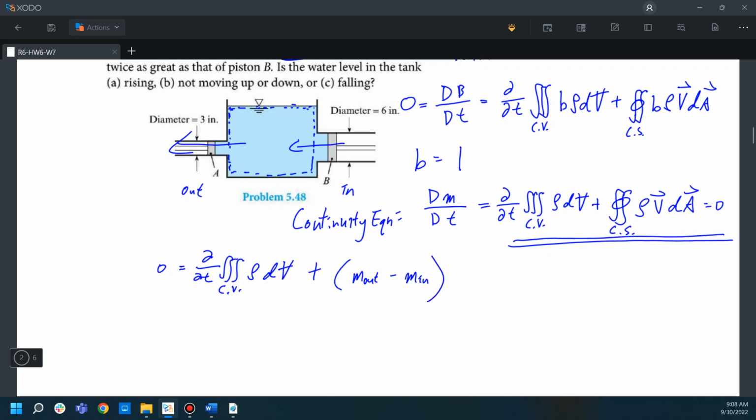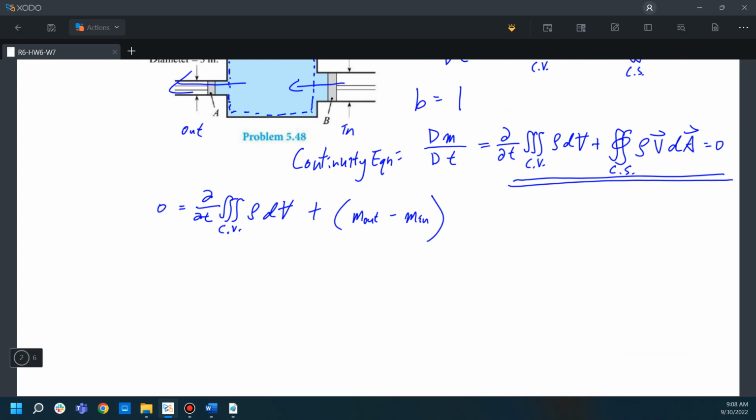Okay, so we have this equation, and we know that the flow can be further written into these forms.